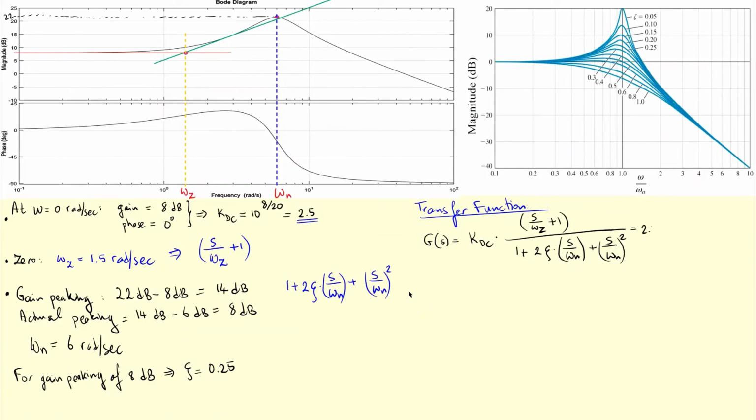We have 2.5 times s divided by 1.5 plus 1, that's just for the zero numerator, and then 1 plus 2 times 0.25 times s divided by 6, plus s divided by 6 and the quantity squared. That's our transfer function. Of course, this is not really handy written, so we will now simplify this.